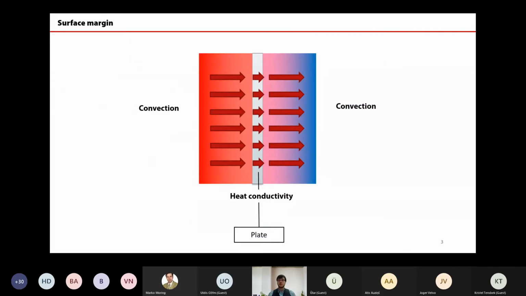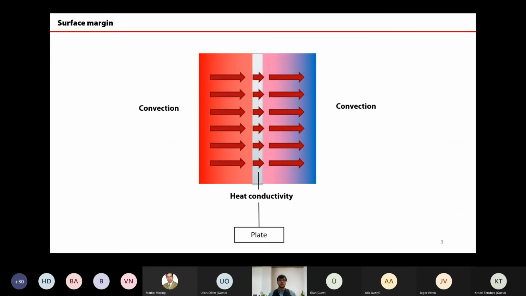In the most general setup, in any liquid to liquid heat exchanger, we have 3 stages of heat transfer. This is convective heat transfer from the hot media to the heat transfer wall, then heat conductivity in the heat transfer surface, and then again convection from the heat transfer surface to the cold media.